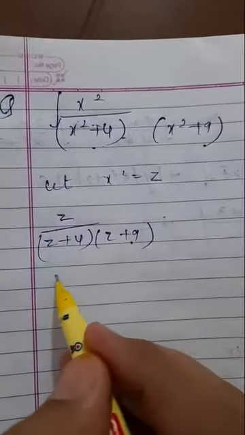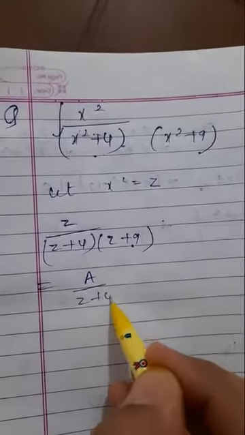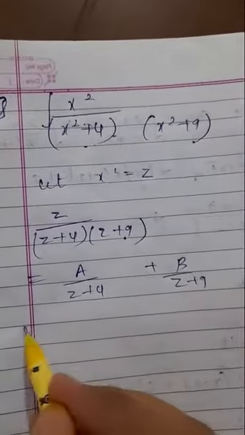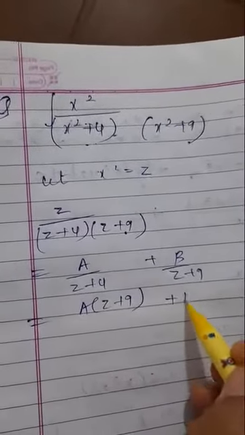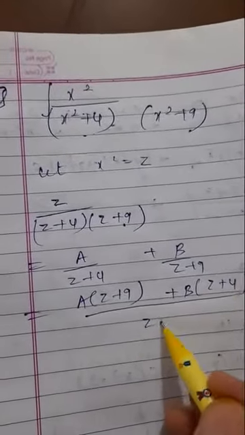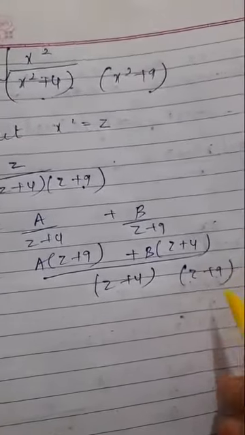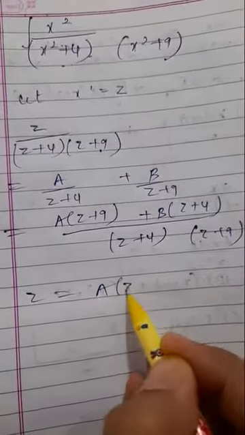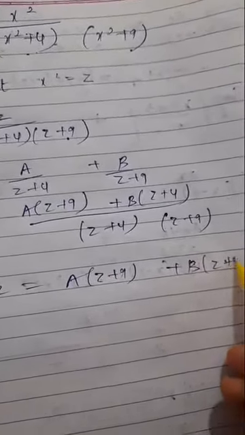So we can write it as a upon z plus 4 plus b upon z plus 9, which is equal to a into z plus 9 plus b into z plus 4 upon z plus 4 into z plus 9. So now we get z equal to a into z plus 9 plus b into z plus 4.